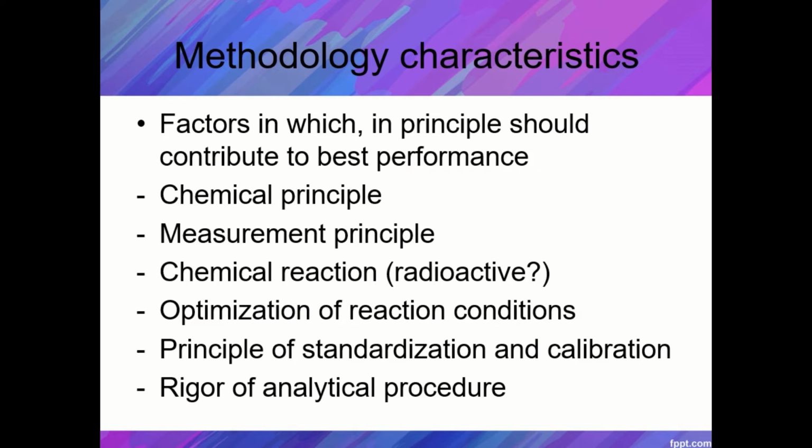Under methodology characteristic, these are factors which, in principle, should contribute to best performance, such as the chemical principle, the measurement principle, whether the chemical reaction uses radioactive material or not, and whether it needs optimization of reaction condition, principle of standardization and calibration, whether it has standardization or not, and rigor of analytical procedure.